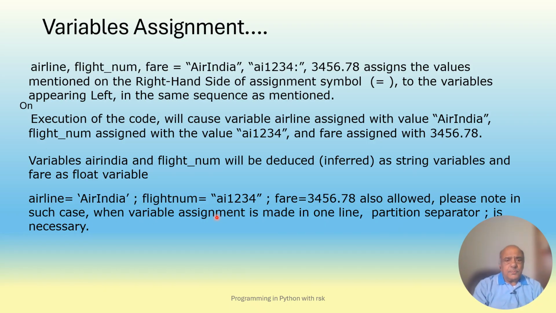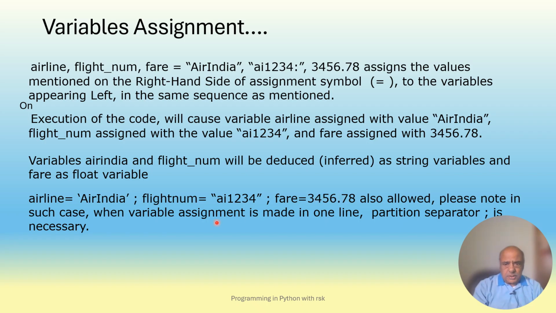Another way is airline is equal to Air India, then there is a partition separator in the form of a semicolon. What we are doing here is all the variables are being assigned in the same line in our program.